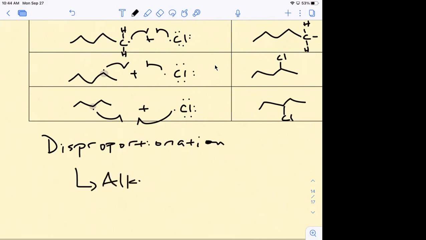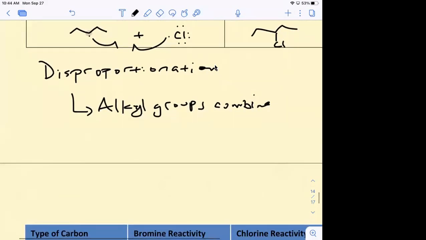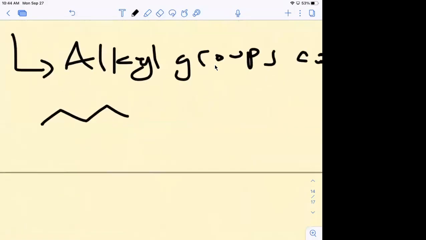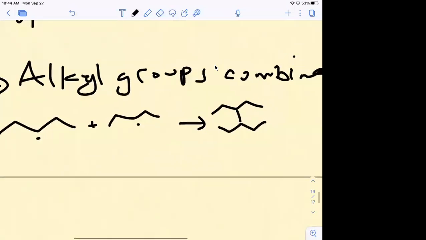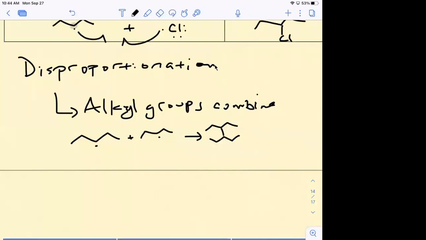That's where your alkyl groups start combining. So sometimes, let's say this radical combined with another mole of itself like that. So you end up with a product like this. That's an example of a disproportionation product. And that's what you don't want. If you're trying to get monochlorinated products, then you don't want your radicals that you made in propagation combining with each other. But a lot of times they do.